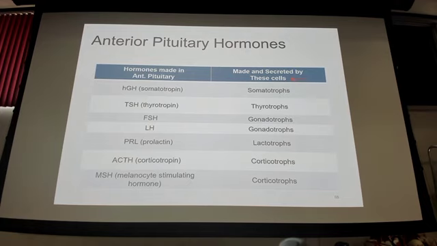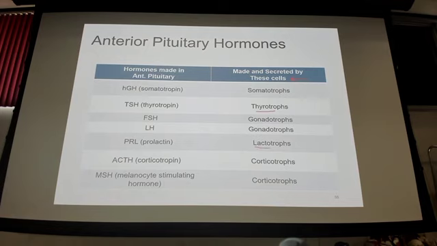So, thyrotropin works on the thyroid, made by thyrotropes. Okay? FSH, follicle stimulating hormone and luteinizing hormone, which we'll cover when we talk about the gonadotropes. Gonads, right? Female, male gonads. Okay? Prolactin, lactotrope.